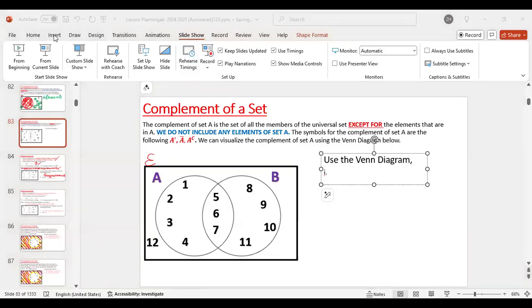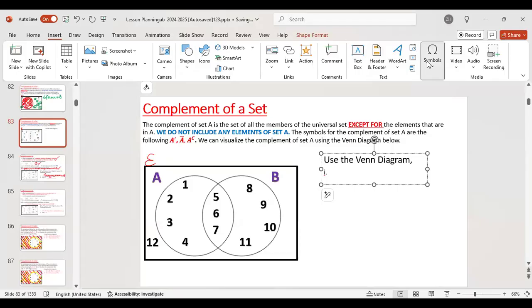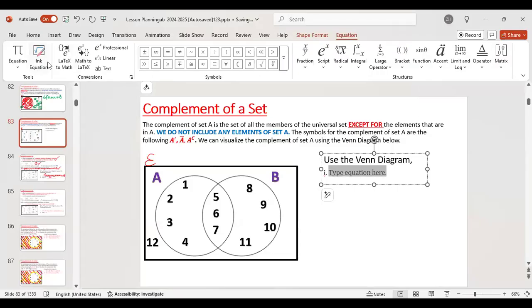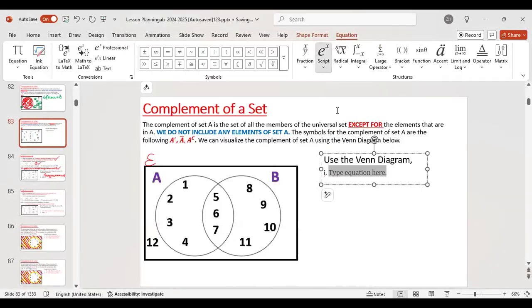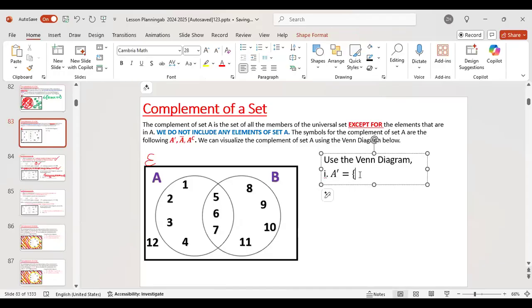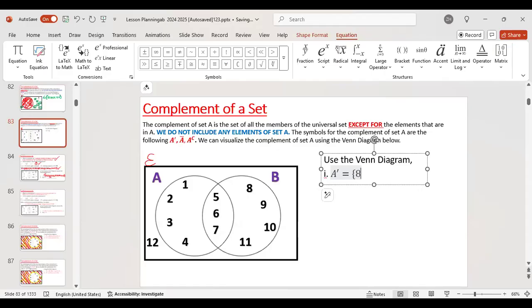I is the complement of A. We already did that. That was A prime. Let's write that down officially. A prime, which is equal to everything except for the elements in A. Like we said, that's 8, 9, 10, 11, 12, 13, and 14. That's A prime.